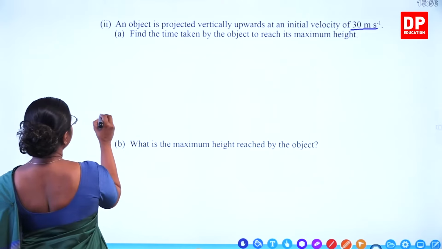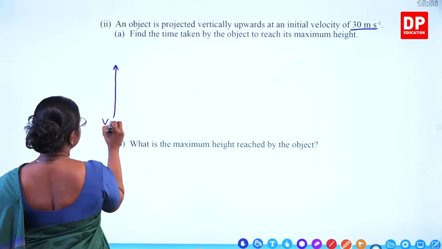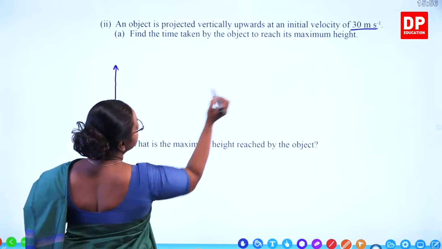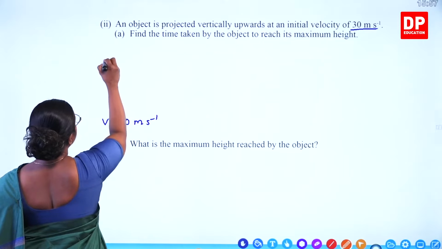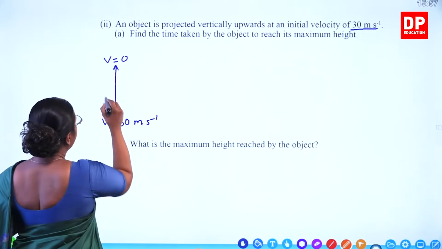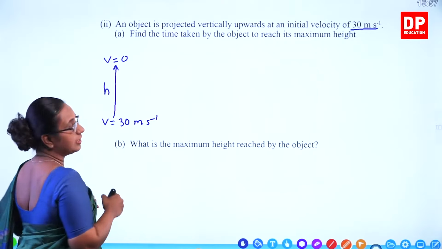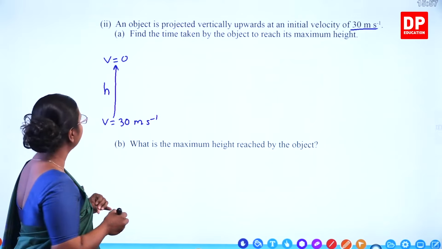So, initially we are projecting the object upwards with a velocity of, you can see, 30 meters per second. And when it comes to the maximum height, velocity will be 0. And this is the height that we need to calculate, or the time taken needs to be calculated.